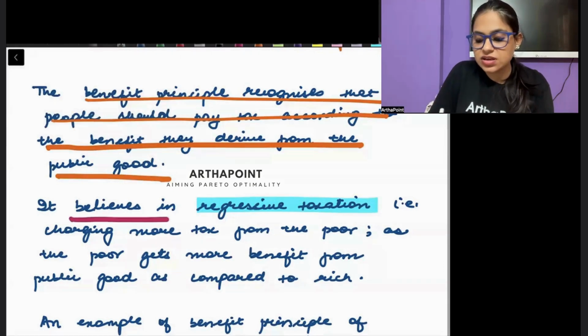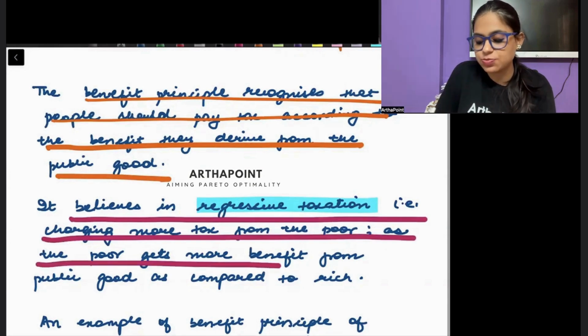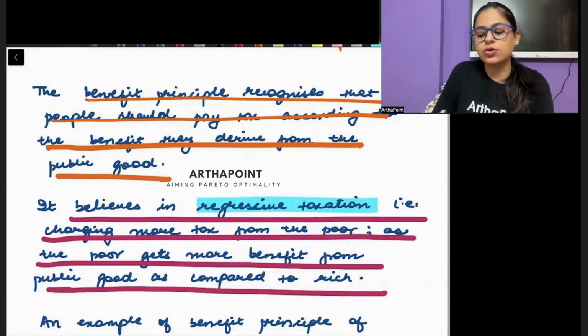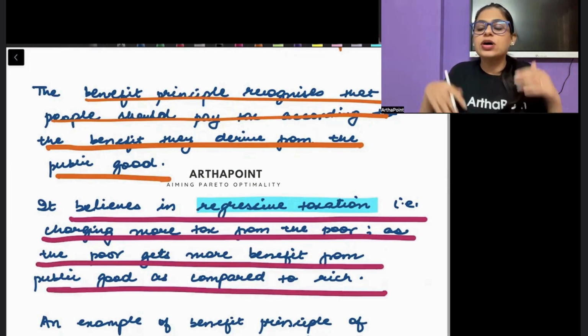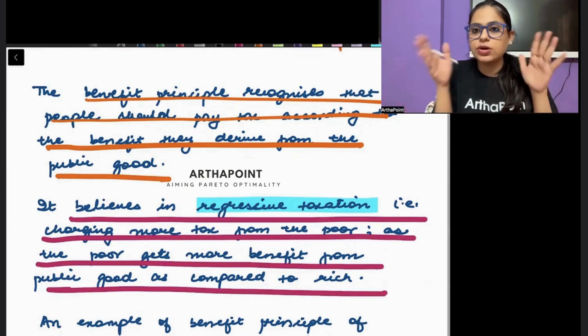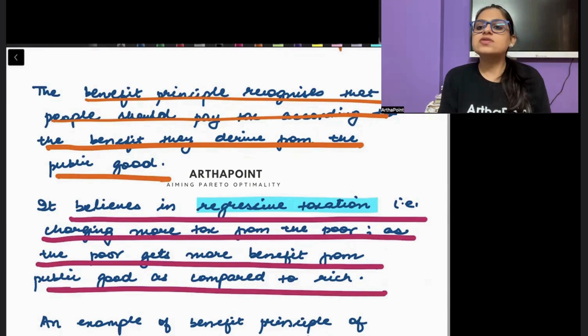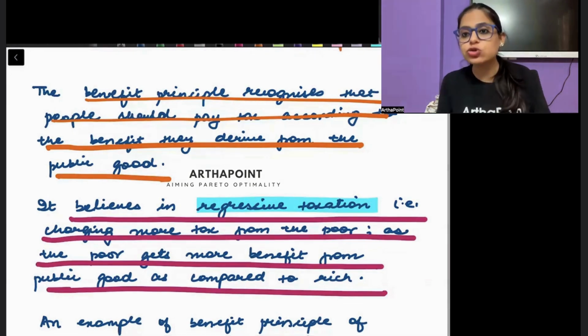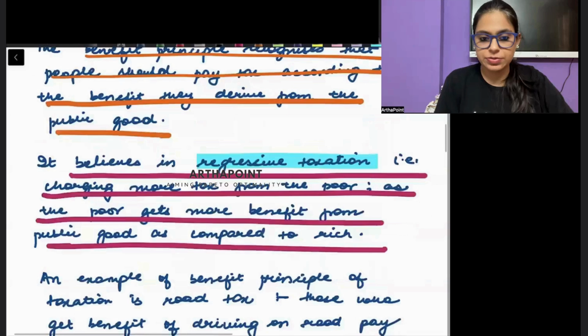It believes in regressive taxation, that is charging more tax from the poor as the poor get more benefit from public good as compared to the rich. So this is exactly what I explained, that the poor people are getting more benefit from the public good and the rich people are getting less benefit from it. So it believes in the concept of regressive taxation, that we should charge more tax from poor people.